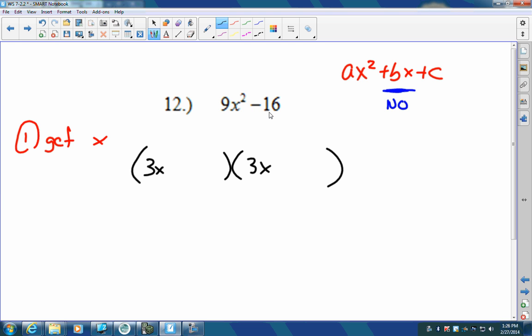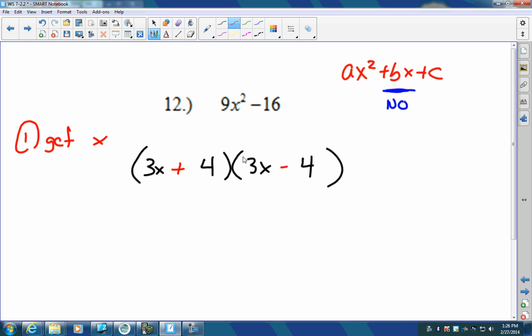How can 16 split up evenly? No, 8 times 8 is 64. It's 4. You have to think about what is the same number that multiplies together to give you 16, right? So I've got 4 and 4. What did we say the middle term had to be? We had to have a positive and a negative.